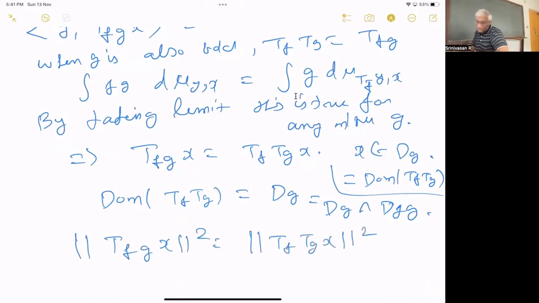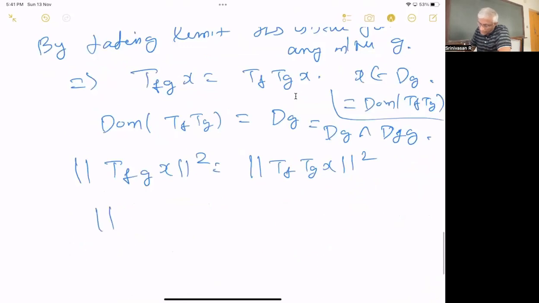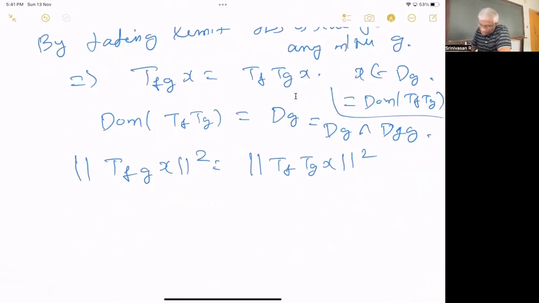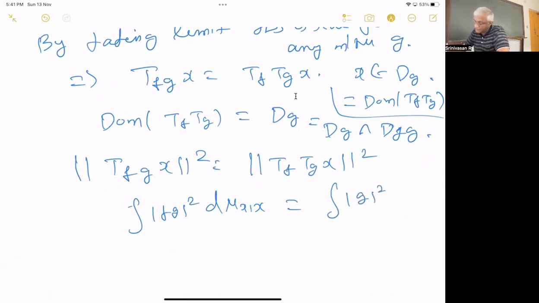Okay. Now this is equal to the integral of |F| squared d mu_x. Okay. That is equal to the integral of mod F squared d mu. This is the technique. Write it properly.